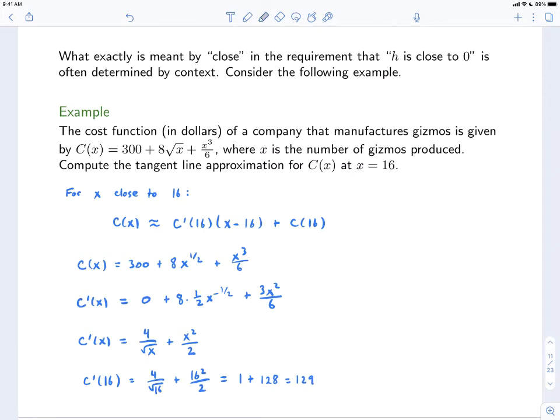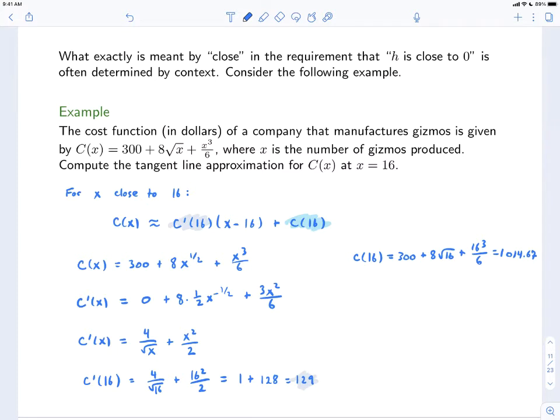Okay, so we needed c prime of 16, and we've just found that. Now the other thing that we need is c at 16. Well, that's just plugging 16 into our original function. So c at 16 is equal to 300 plus 8 times the square root of 16 plus 16 cubed over 6. If you get a calculator out, you'll find that this is equal to 1014.67.